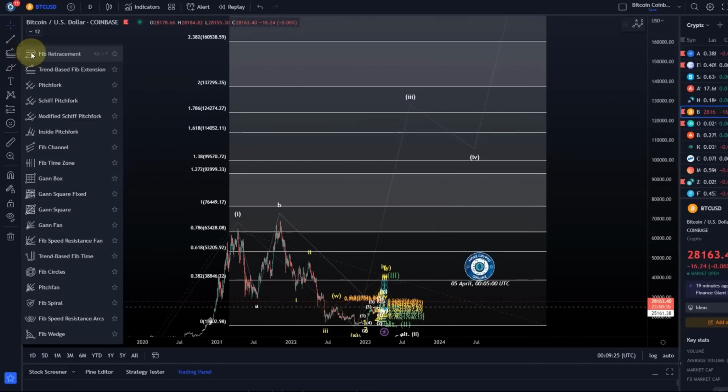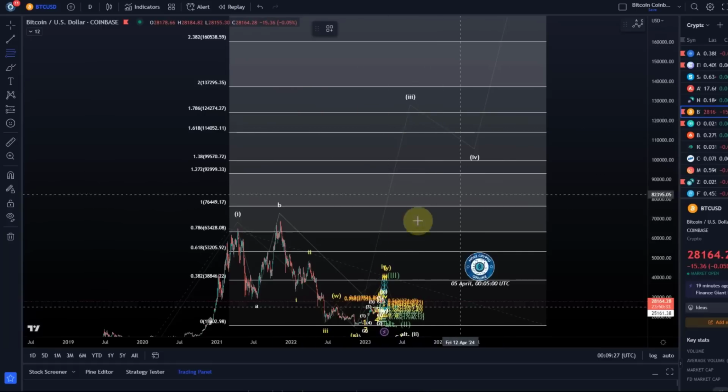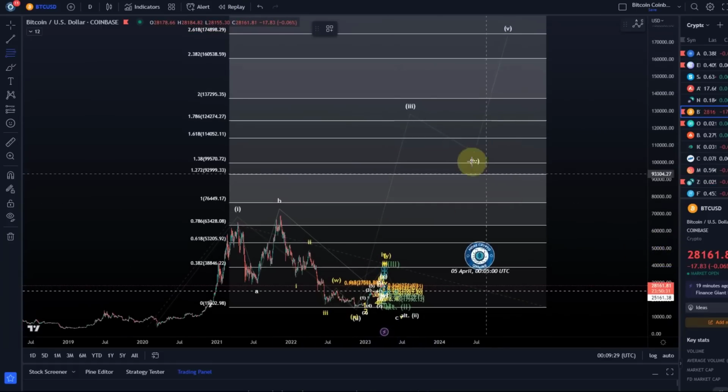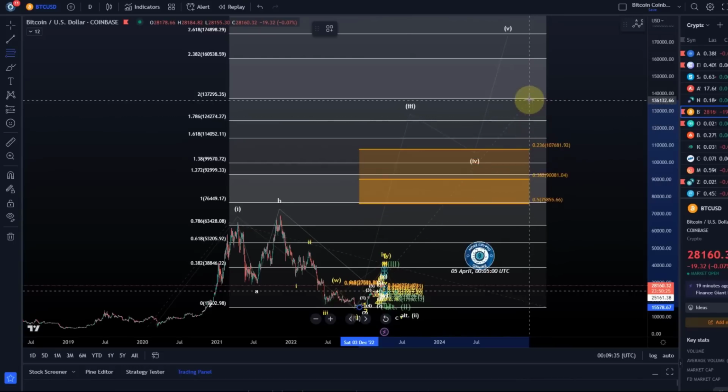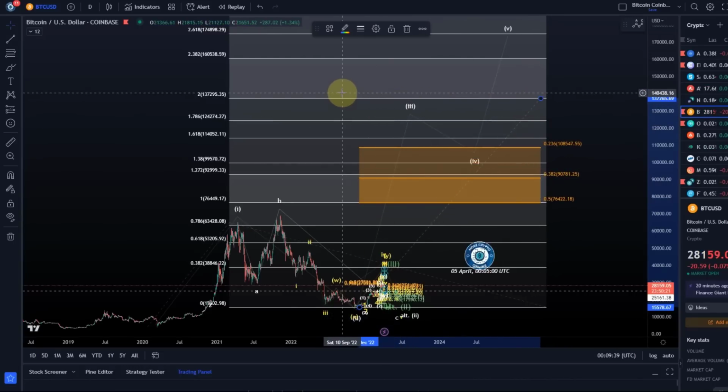The target, for example, for the fourth wave, just so that you can get an idea, depends, of course, on where the third wave will peak. But if we just make a projection based on the assumption that maybe it will reach the 200% extension at 137,000, then the fourth wave would come back into the region between 108,500 and 76,400. You can see these areas will get quite large. Percentage-wise, not so much.